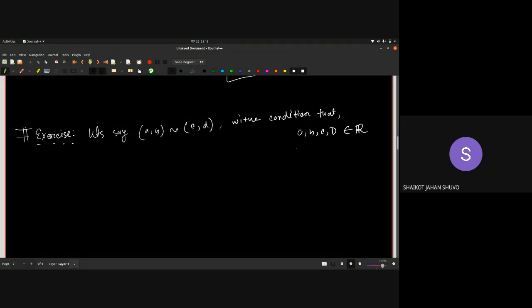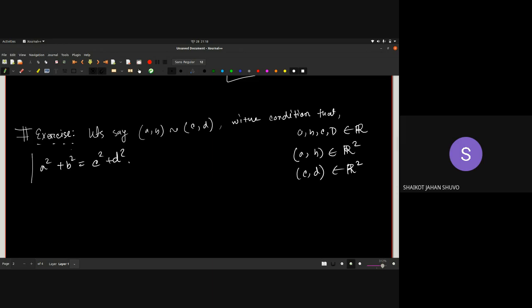Rather, what I should really say is that (A, B) belongs to R squared. Similarly, (C, D) belongs to R squared, on the same space, okay? So what is the condition? The condition that a squared plus b squared is equal to c squared plus d squared. So how do you do it? Well, you have this condition, this guy over here.